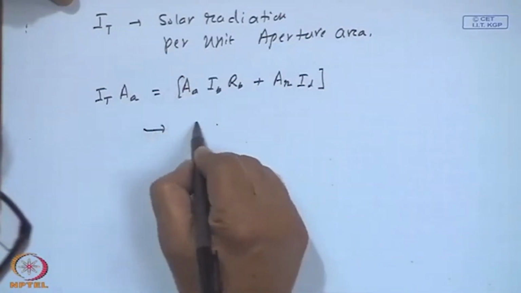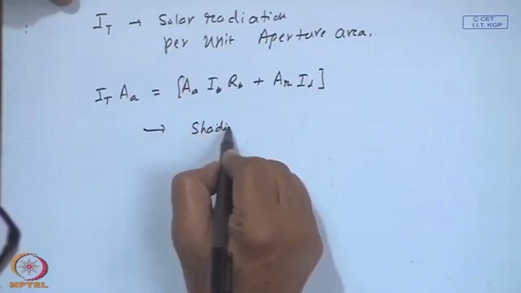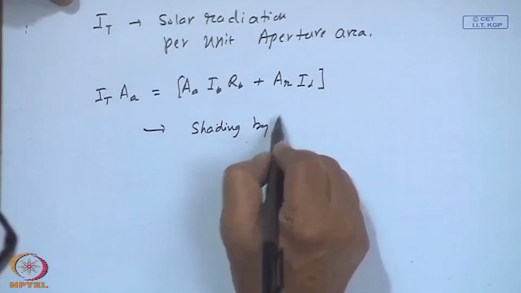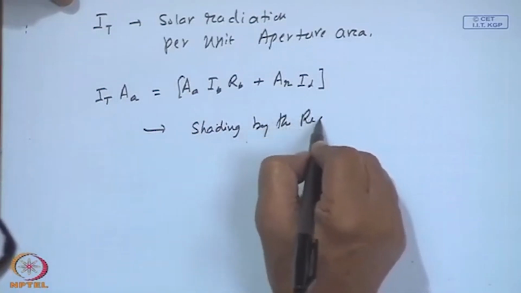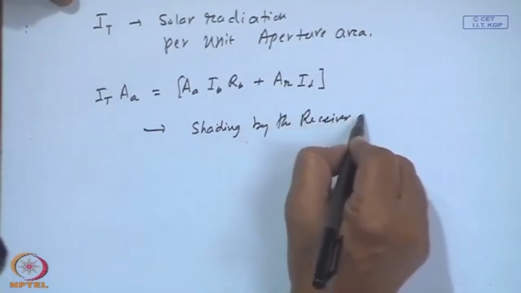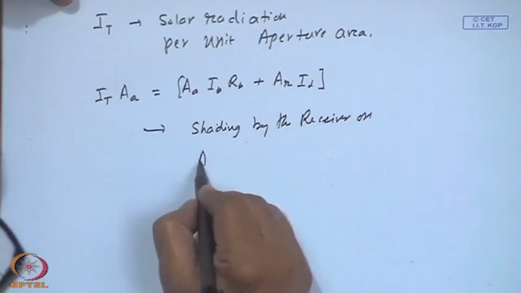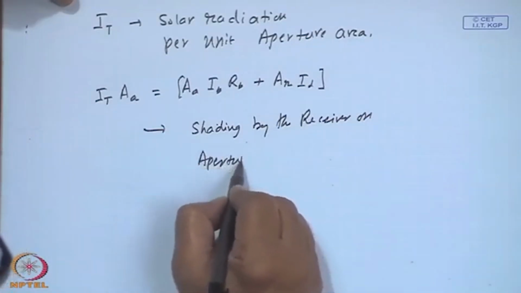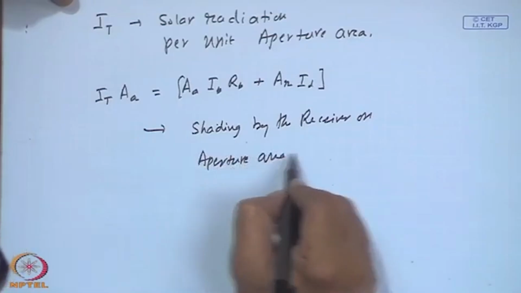This is shading by the receiver on the aperture neglected.